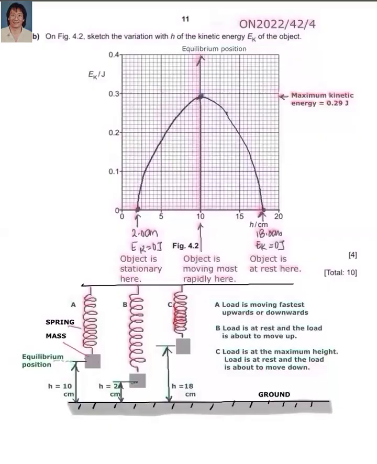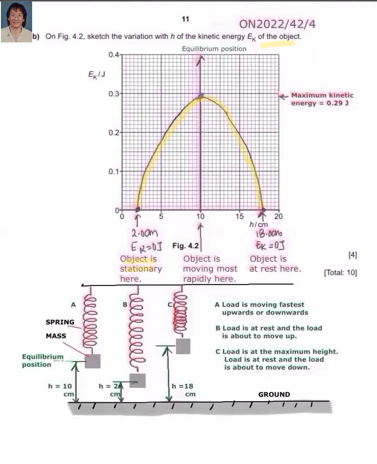In part B, we have to sketch the variation with height of the kinetic energy EK of the object. The graph is given here. The maximum kinetic energy is 0.29 joule, as calculated in the question. When the center of the mass is 2 centimeter away from the ground, at B, the object is stationary.